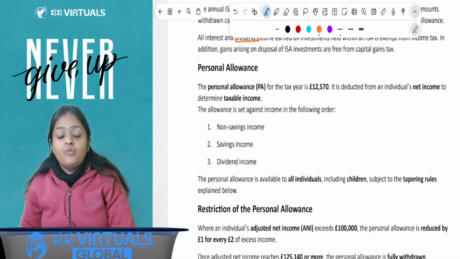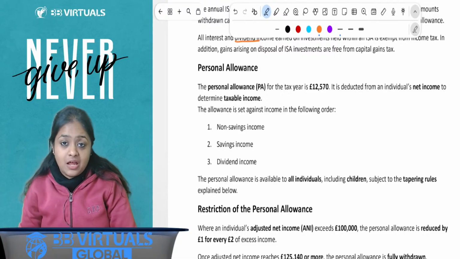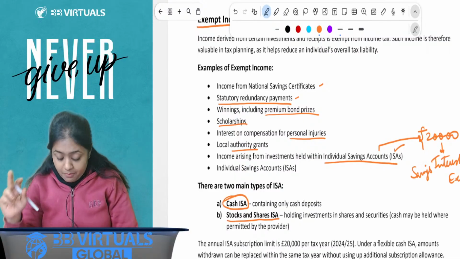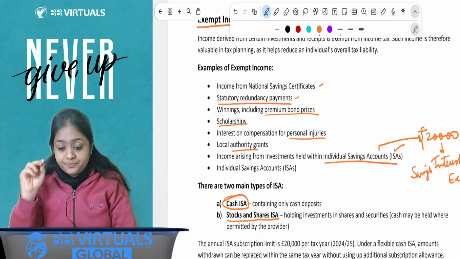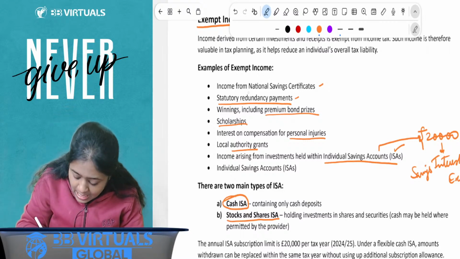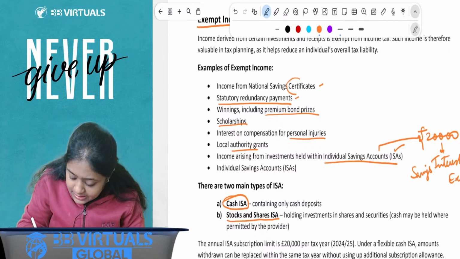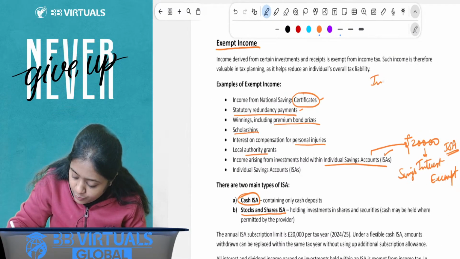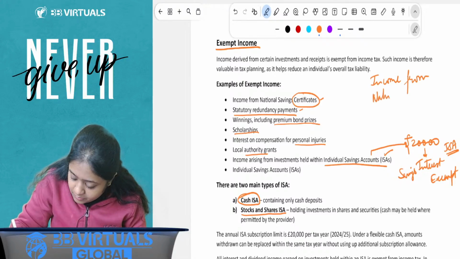Then yesterday we also discussed personal allowance, and people don't forget about exempt income, because one thing I want to highlight here, and please remember it's very important from an exam point of view: income from National Savings Certificates is exempt. But sometimes your question will confuse you and say there is income from a National Savings Account.